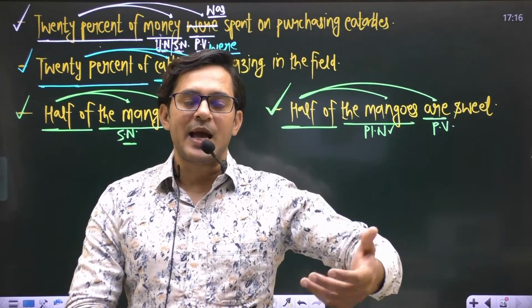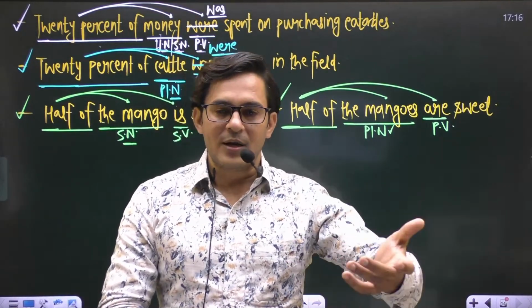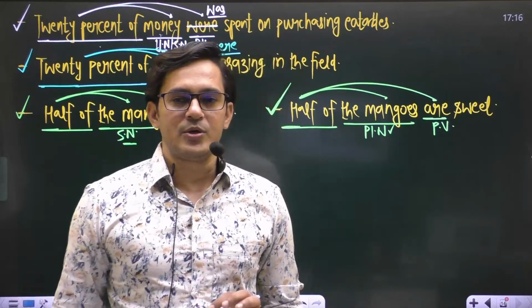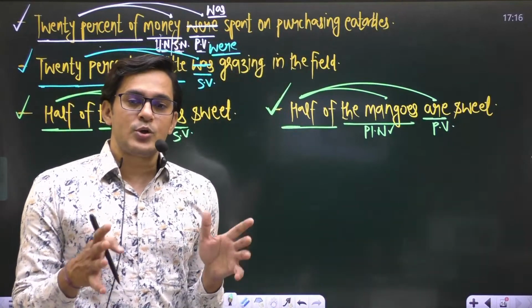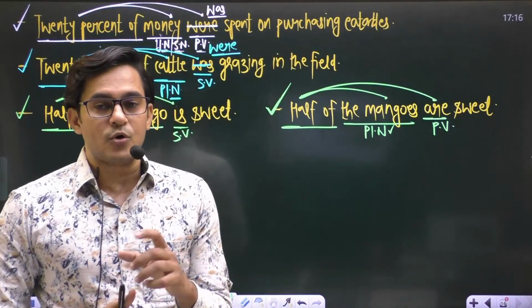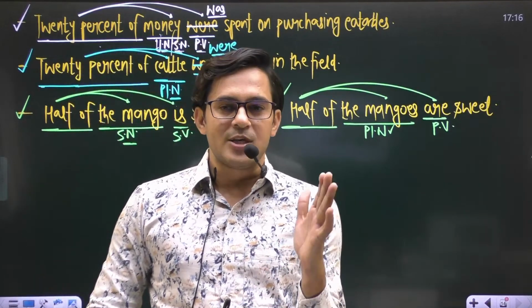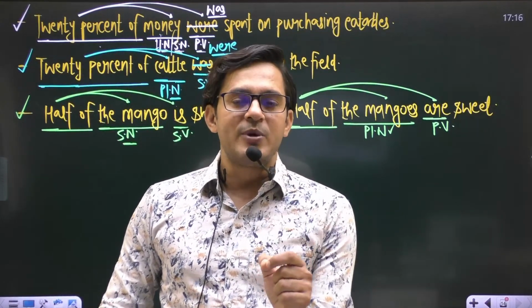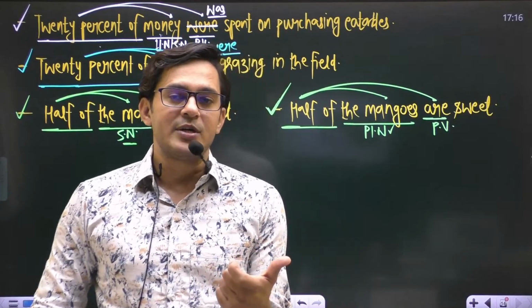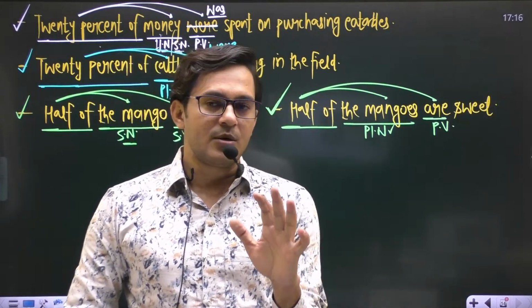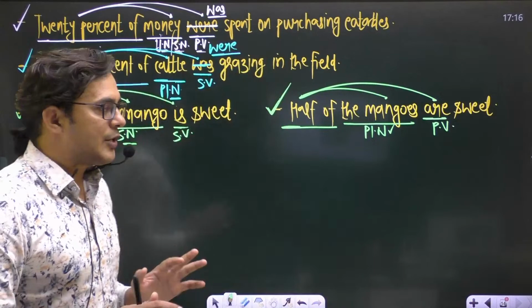And if you say camels or lions, if you have a plural noun, a plural verb will be used, right? You have to work according to the noun. If a noun is singular or uncountable, the verb will be singular. And if a noun is plural, you have to use a plural verb, right? Are you getting my point?